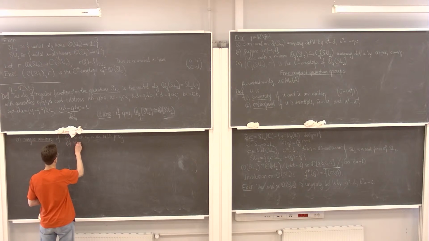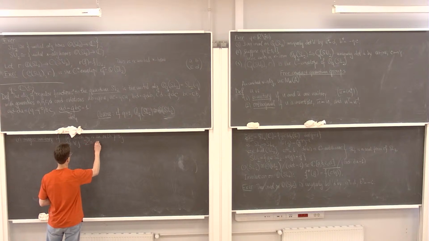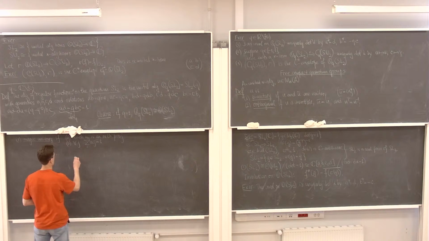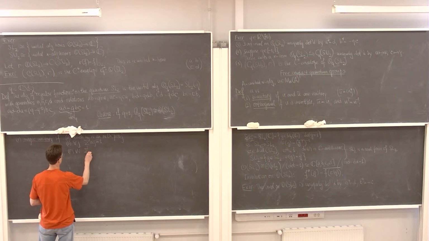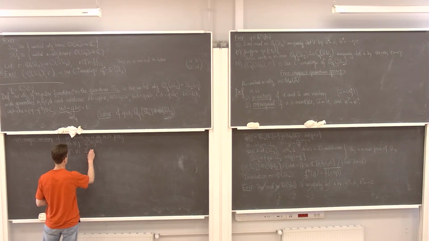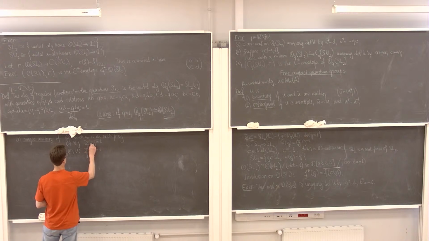Second, the sum of all elements in each column equals 1. And the same is true for rows. For every i, the sum of all elements Uij in the ith row is equal to 1.